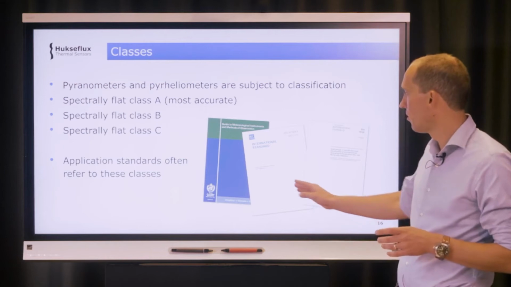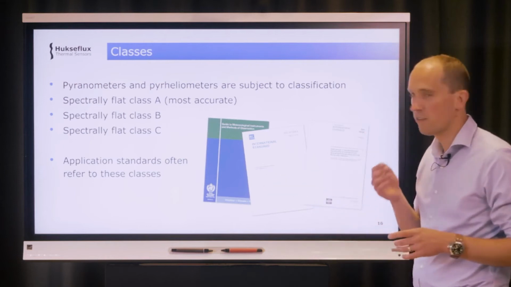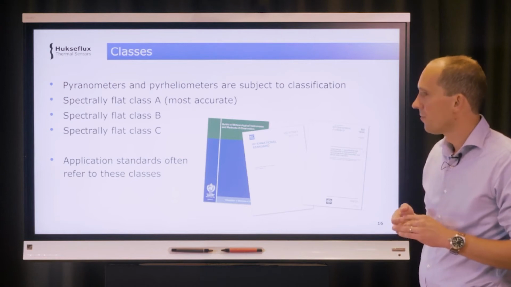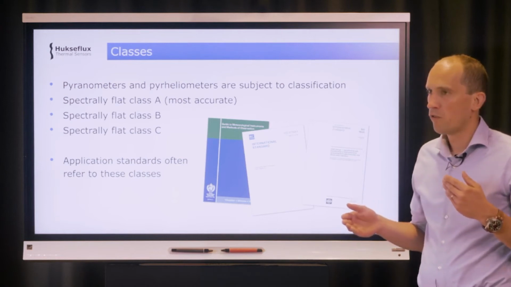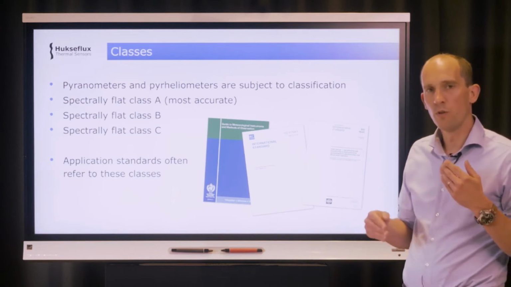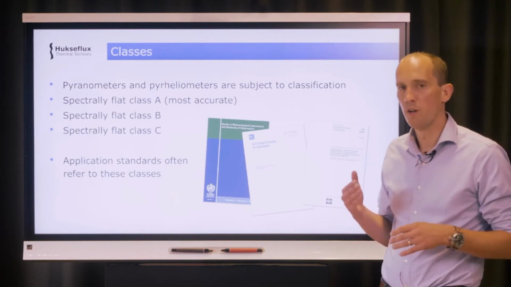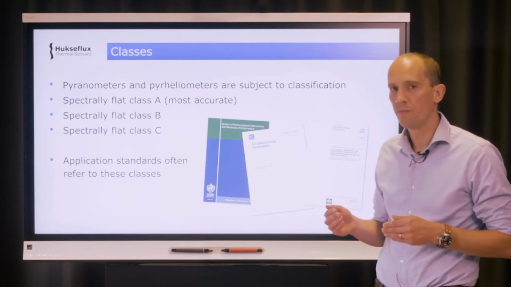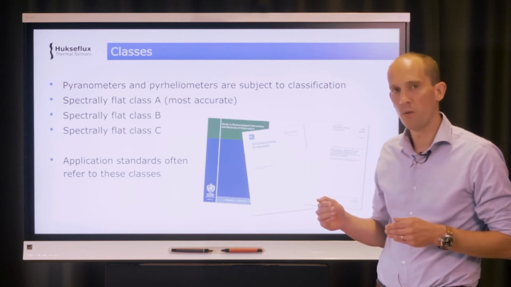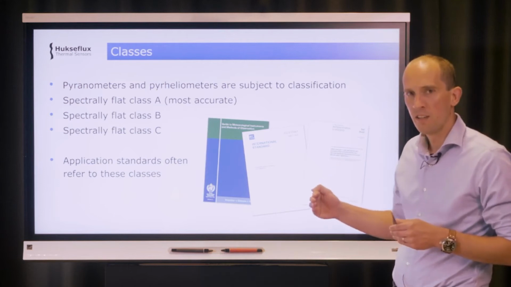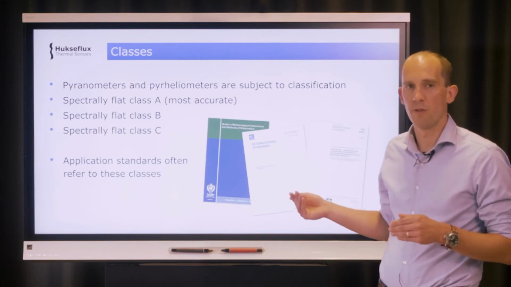It's described in these international standards. And in this sense, you don't have to consider all the specific details or every specification of a pyranometer if you have to choose one. You can simply start with the classification. If you get a spectrally flat class A, you get the most accurate instrument available.